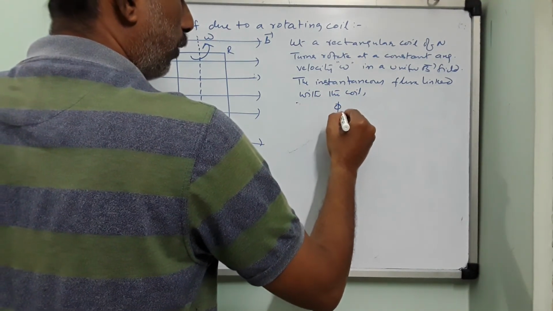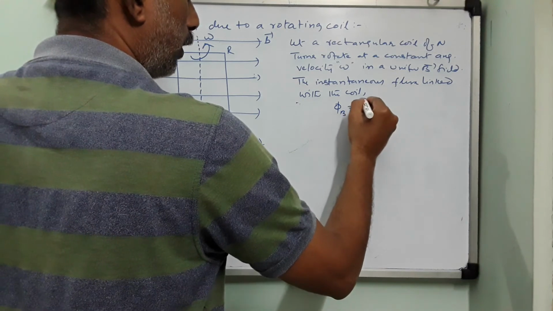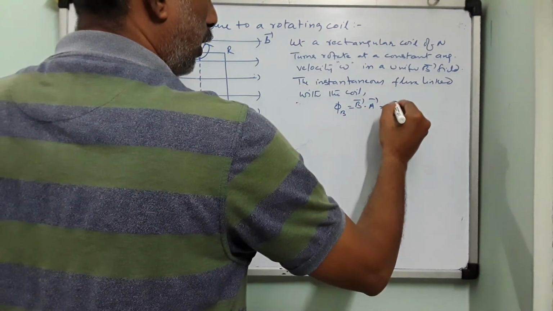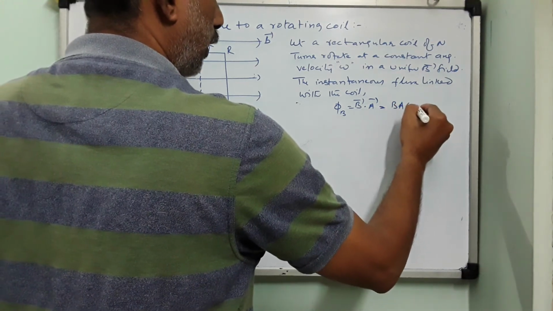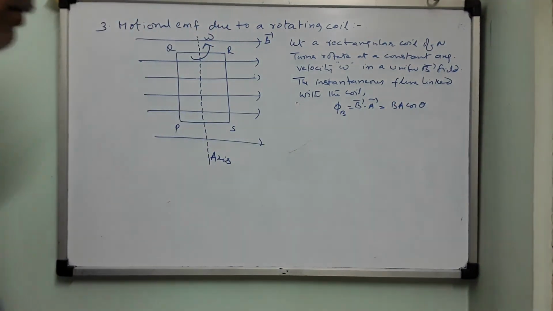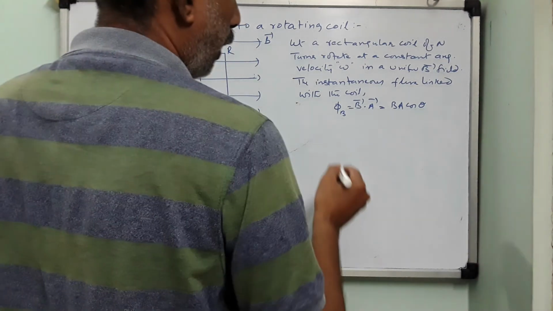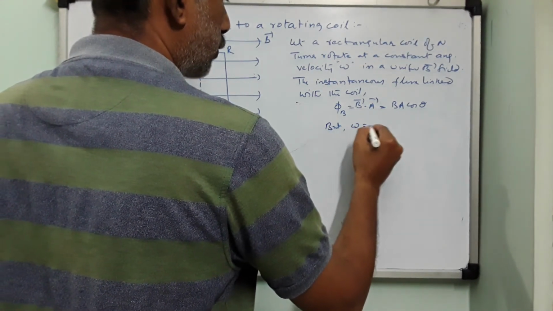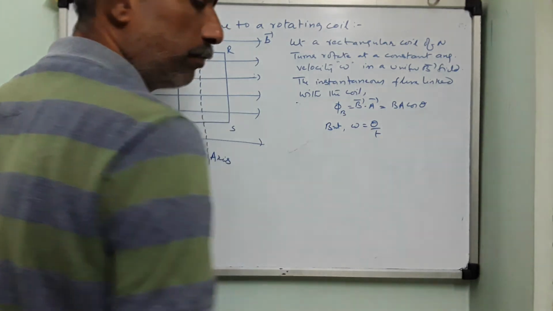phi equals phi B equals B dot A. So it is necessary for us here because the angle plays a crucial role. BA cos theta. Now for a constant angular velocity, you have angular velocity omega equals angular displacement divided by time.